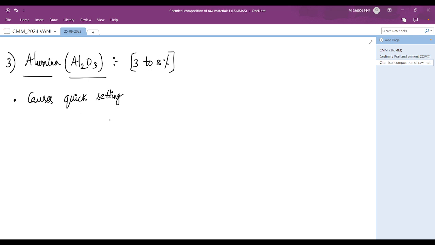But the excess of alumina causes plastic shrinkage and reduced strength.